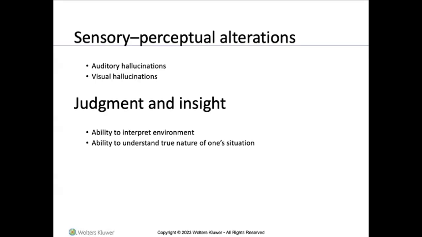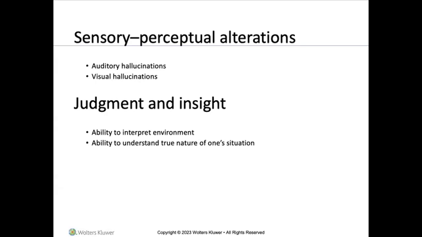Some clients experience these false senses, things that aren't really existing. Your auditory hallucinations are where they're going to be hearing voices. Usually the clients will dart their eyes all over the place because they're hearing things and looking around to see if they can see somebody saying what they're hearing.